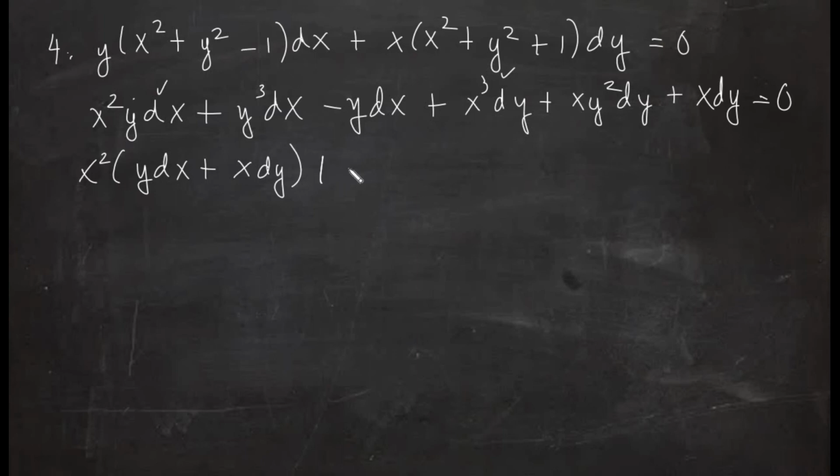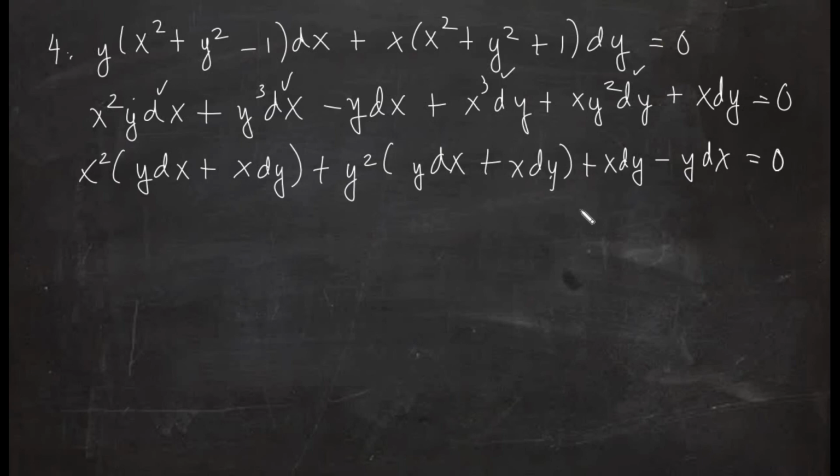If I factor out y squared, then I would have y dx plus x dy again. So that would leave us with the last term here, which is plus x dy minus y dx is equal to 0. Here, because we have the differential of xy from both of these, we could factor that out.